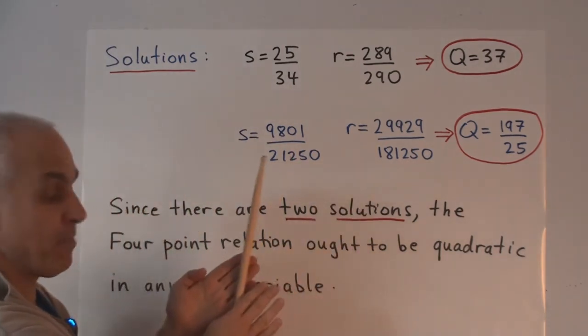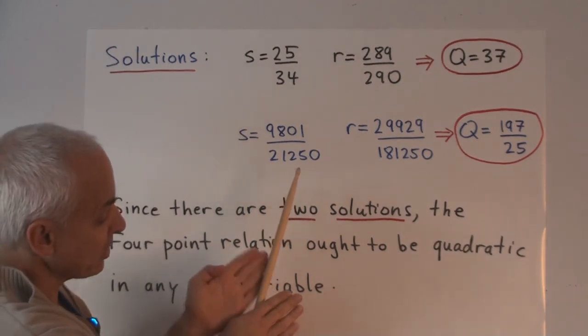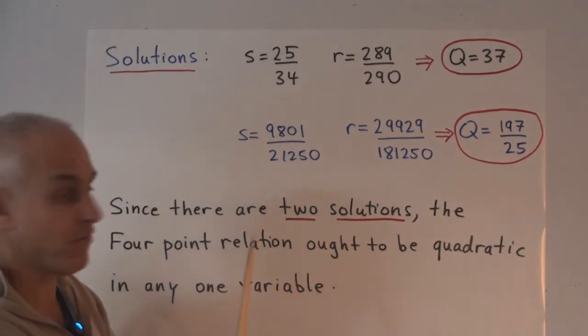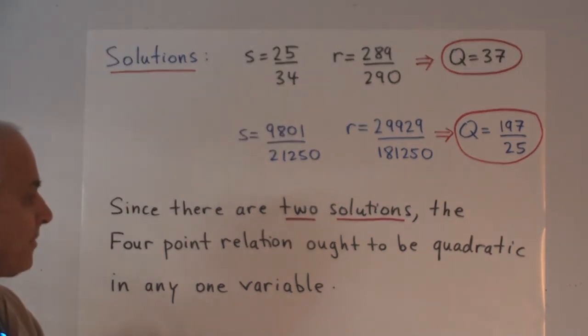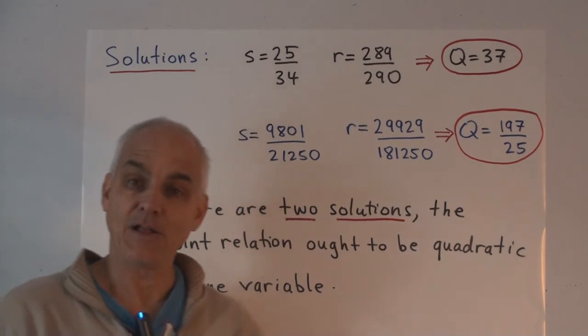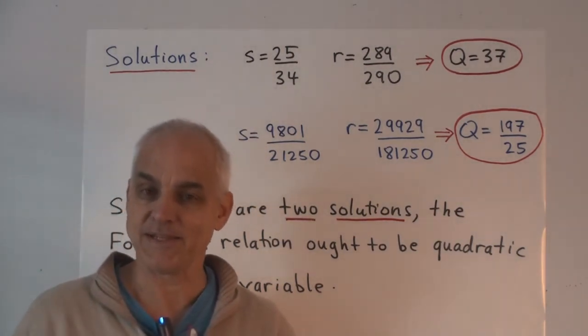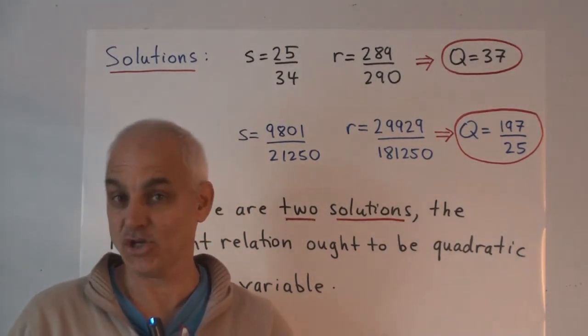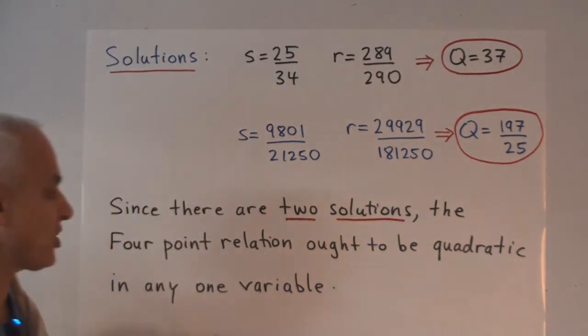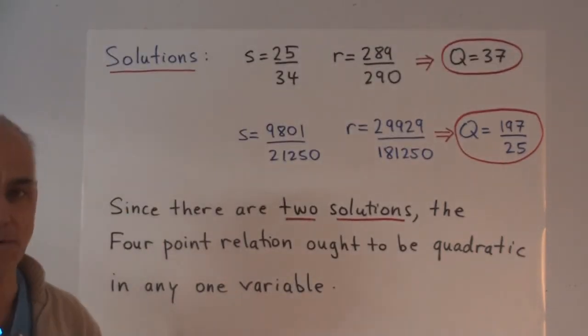One corresponding to the picture that we started with, another corresponding to a different picture where the triangles overlapped in a different way. So there are 2 solutions, suggesting that the ultimate relation between these 6 quadrances, in general, not just in a particular case, is going to be a relation that's quadratic in any one variable.